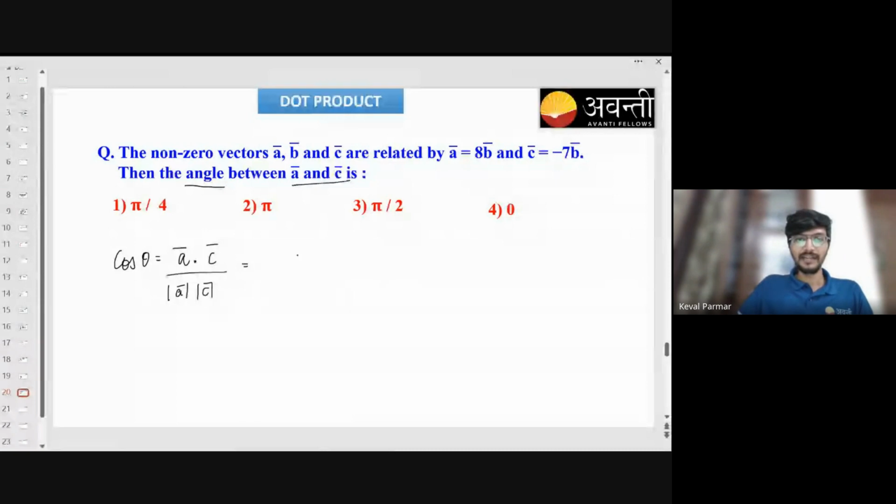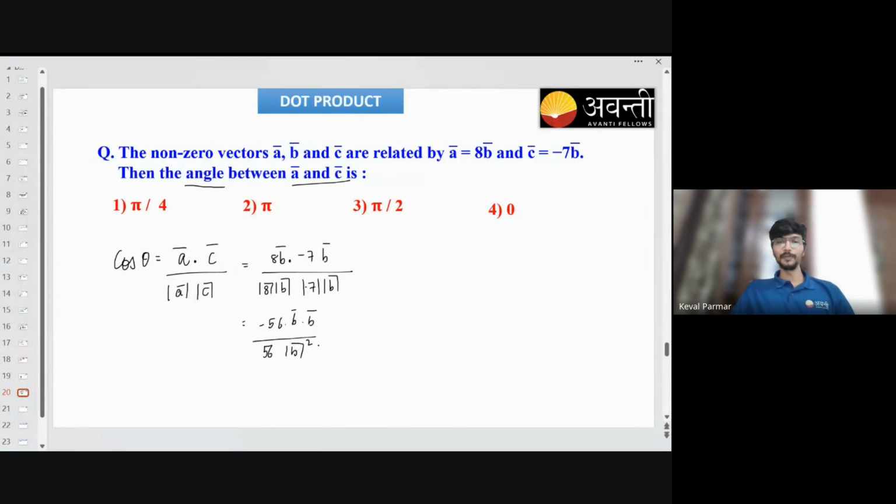What is A bar? 8 B bar dot minus 7 B bar upon mod 8 B into mod minus 7 B. So I can write this as minus 56 into B bar dot B bar upon 56 mod B square.